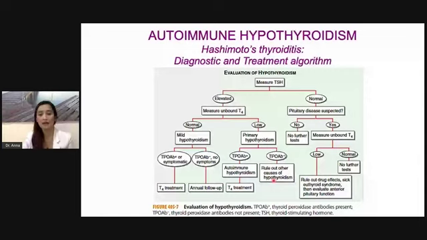If you have an elevated TSH and your T4 is low, and you have a setting where it could be a pituitary problem, let's say the patient has other symptoms of other pituitary hormone deficiencies, like the patient is also manifesting with adrenal insufficiency or hypogonadism, or the patient has undergone pituitary surgery, you can suspect pituitary disease. If you don't suspect it, then you don't need to work up the patient anymore.